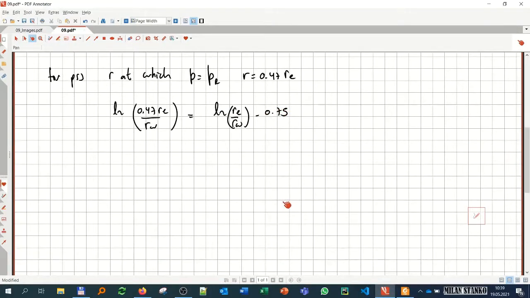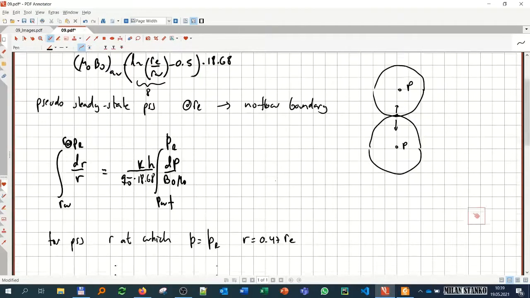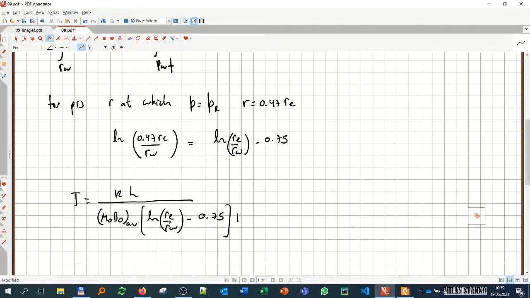So for pseudo steady state, the change in the equation is very minor. J is KH divided by mu BO at average, times the ln of RE over RW minus 0.75, and I need the constant 18.68.